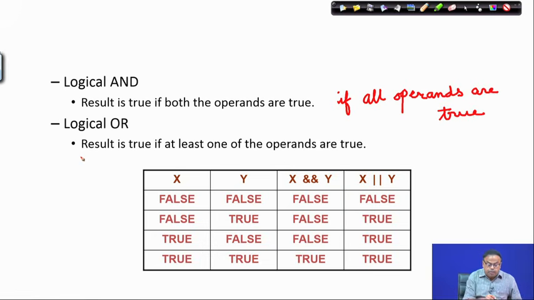And logical OR: the result is true if at least one of the operands is true. If at least one, this is most important.